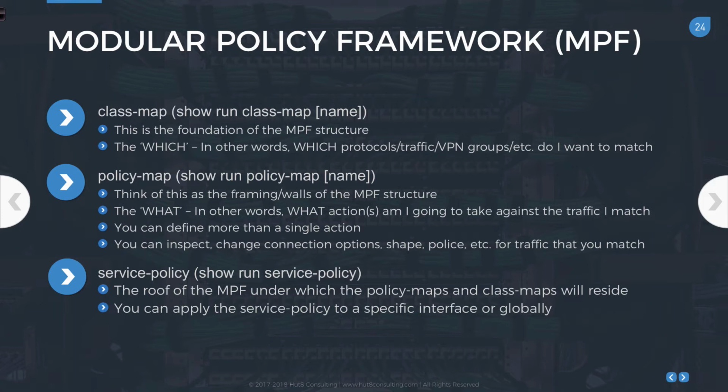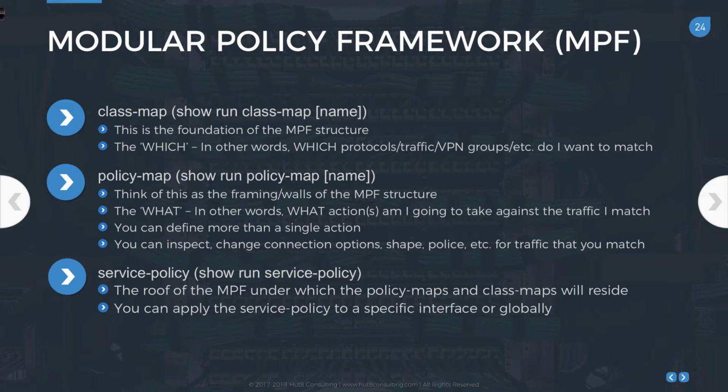And the ACLs are also used in conjunction with the modular policy framework in order to control the connections that are going to transit. And we're not going to talk about management ACLs right now, so I'm going to stick with the traffic transiting the ASA.